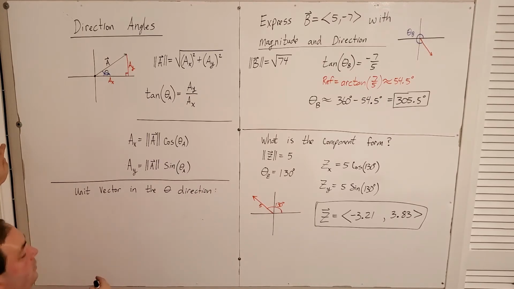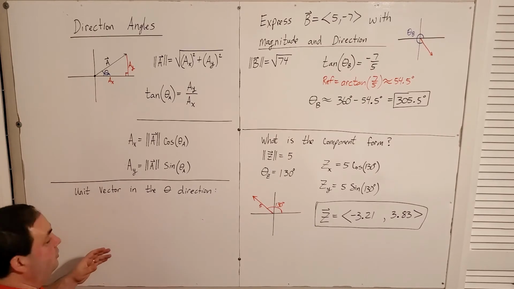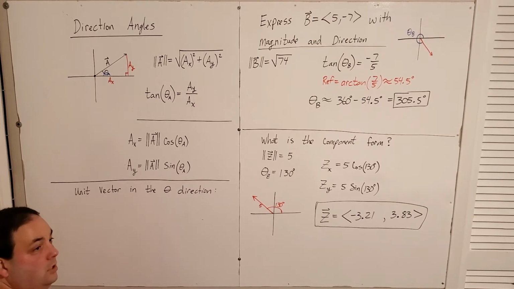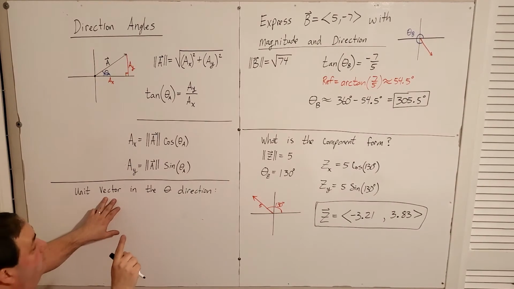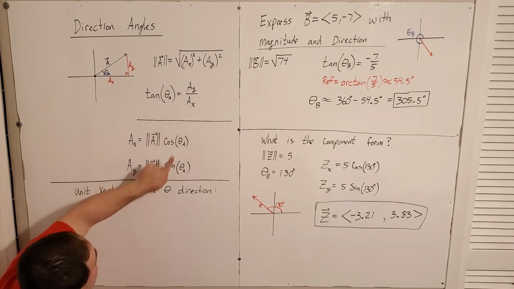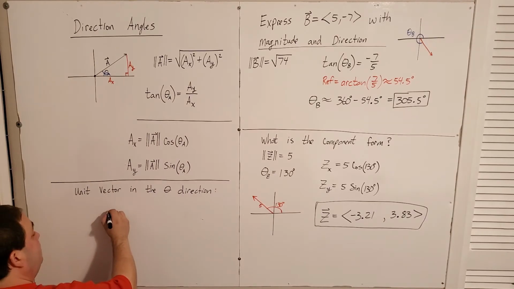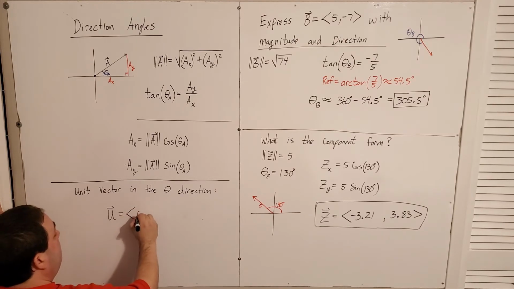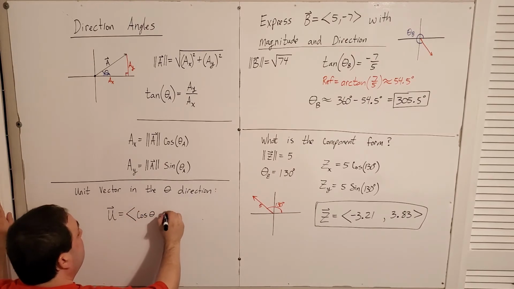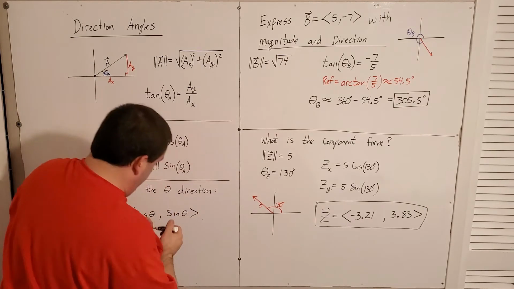This is going to come up later in some of our applications. Sometimes I just want to create a unit vector and all I have is an angle. Well, being a unit vector means I also have a magnitude of 1. So basically it'll be 1 times cosine and 1 times sine. So some unit vector, let's just say u, would then be equal to cosine of theta, comma, sine of theta. Keep that in mind.